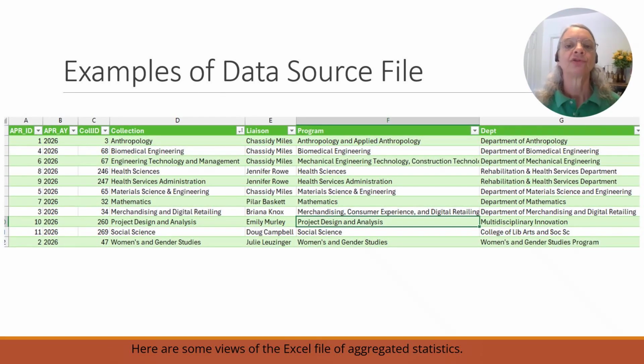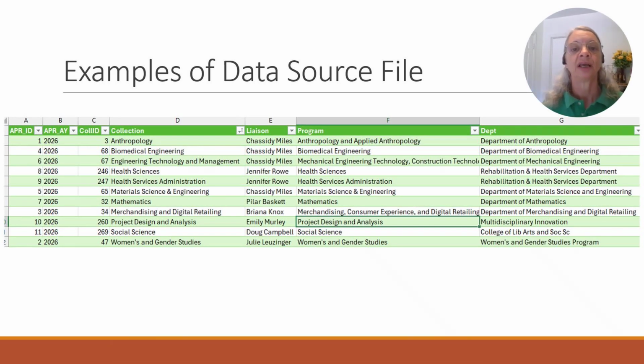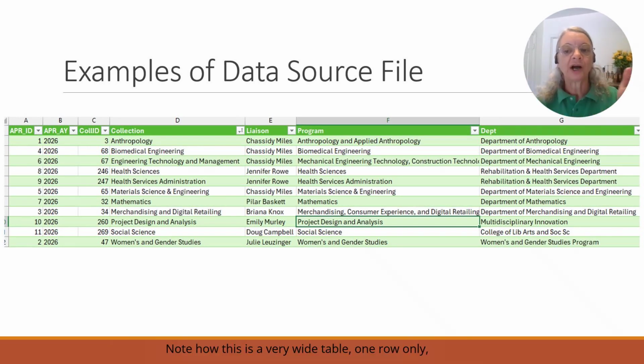Here are some views of the Excel file of aggregated statistics. Note how this is a very wide table, with one row only for each collection to be reported on. We start with basic metadata about the collection: its name, the liaison, the programs it serves.